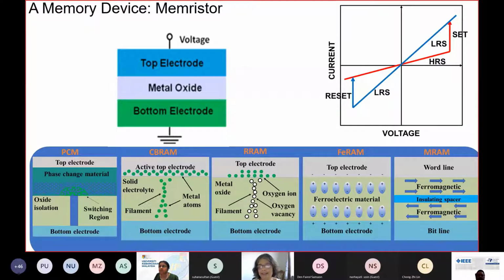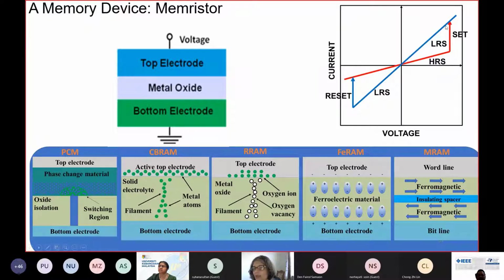And so the emphasis now is on a memory device. The future of memory device is a memristor. It's a two-terminal device which is a resistor which has the ability to remember. It just has two electrodes which are separated by an oxide, for example, and it has two states.